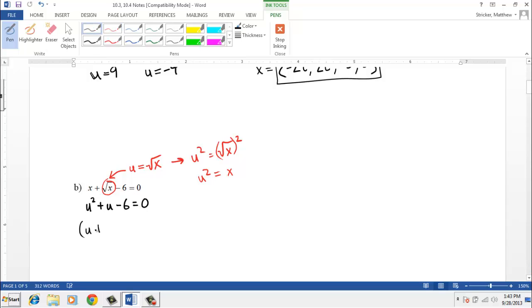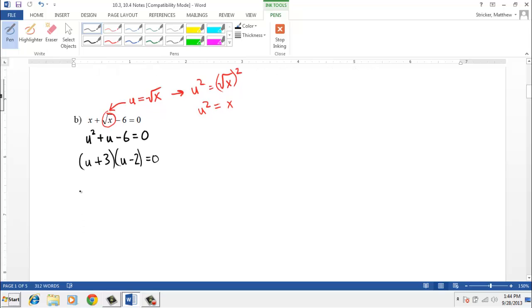We have u plus 3 and u minus 2, which gives us u plus 3 equals 0, u equals -3, or u minus 2 equals 0, u equals 2. Are we done?